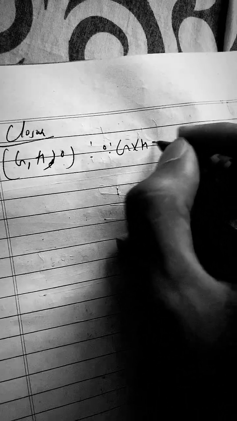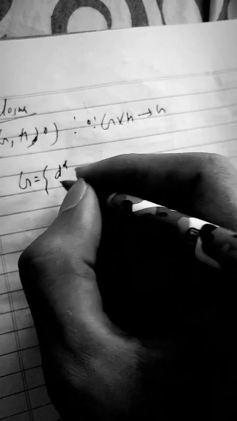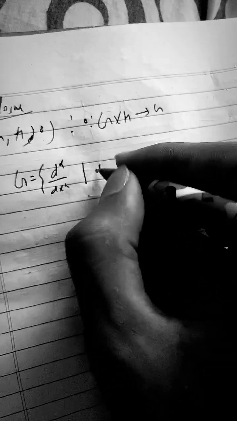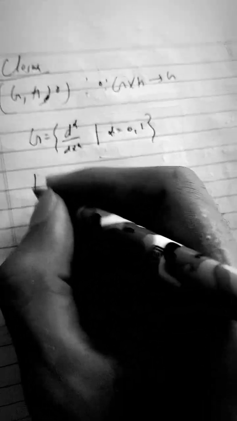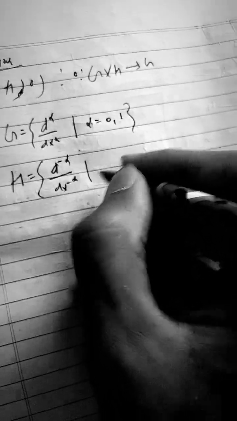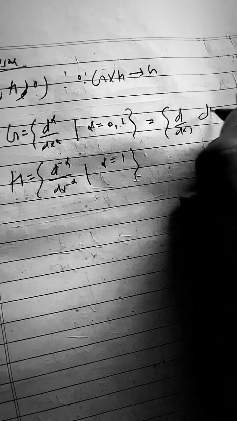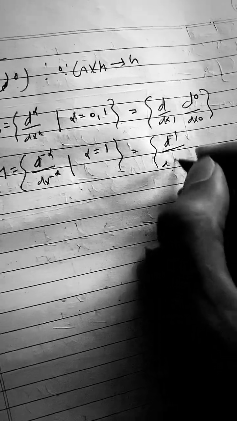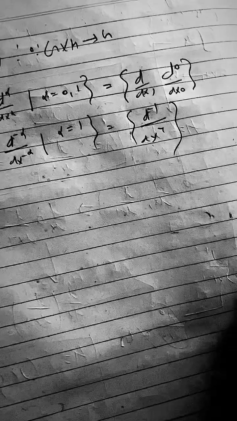This is our algebraic structure where O is defined from G cross H to G, and we have the set G equal to d^α/dx^α, such that α equals 0, 1, and then we have the set d^(-α)/dx^(-α) where α equals 1. So if we expand this set, we get d/dx and d⁰/dx⁰, and here we get d⁻¹/dx⁻¹, right?